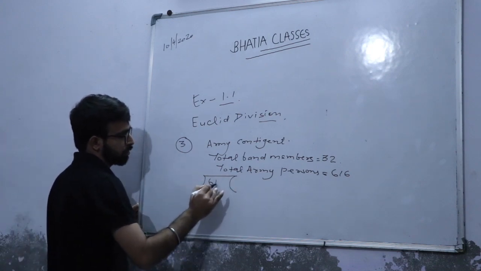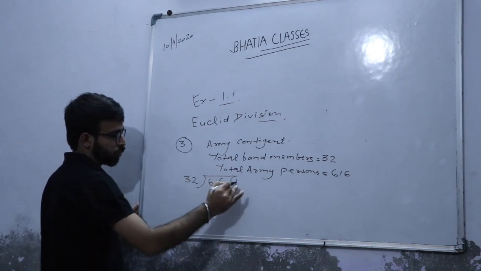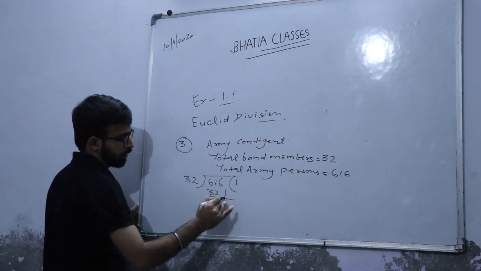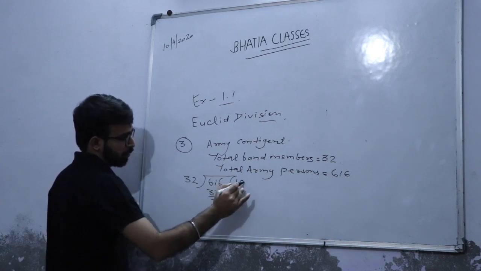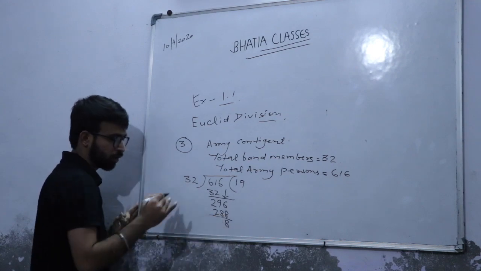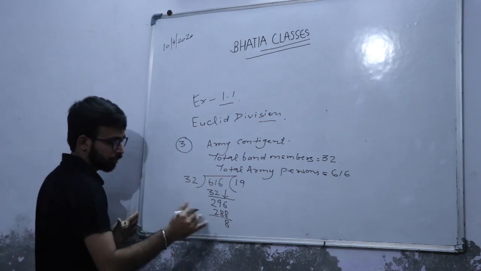I will show this by same Euclid division procedure. 32 is to 1, 32. By subtracting 29, taking 6, multiplied by 9, you got 288. So by subtracting you got 8. Now 8 is less than 32.